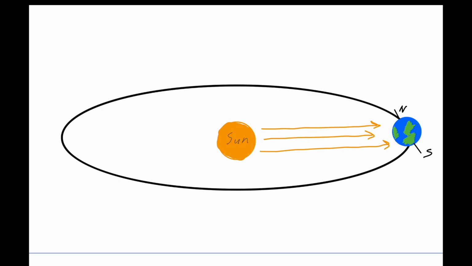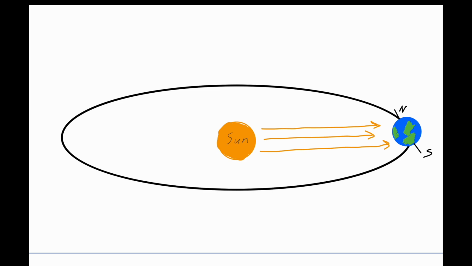When, however, the Earth is on the other side, and so when the North Pole is pointed most directly towards the sun, when it's pointing most towards the sun, that's what we call the summer solstice for us.